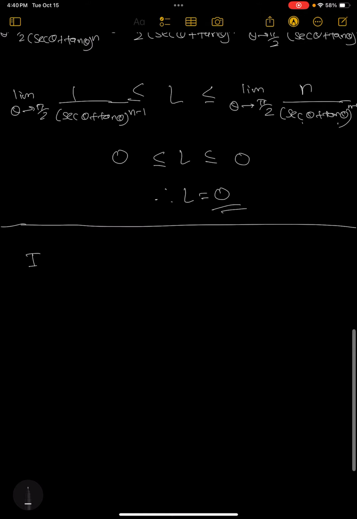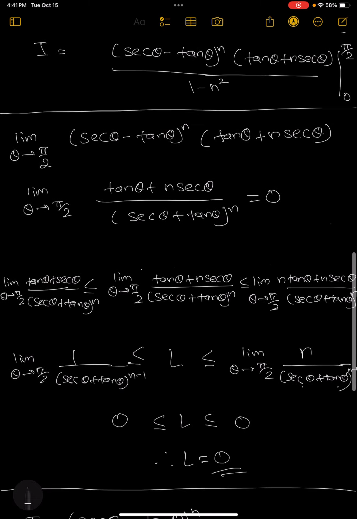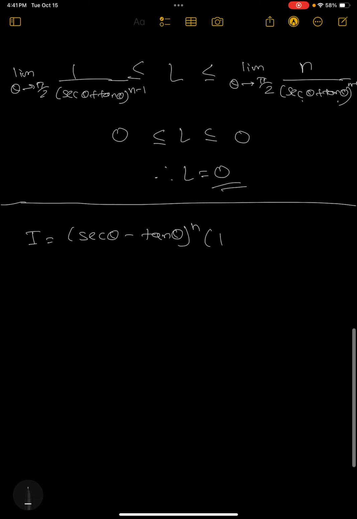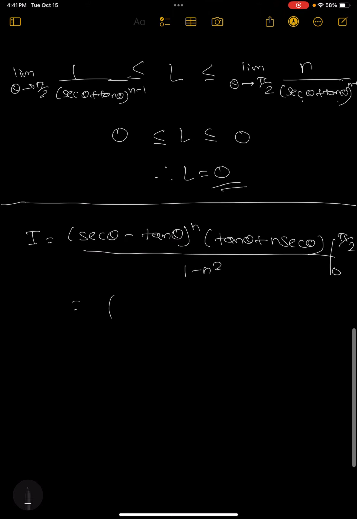I is equal to (sec theta minus tan theta) to the power n by (tan theta plus n sec theta) divided by 1 minus n square, from 0 to pi by 2. We just found out that at pi by 2 it's 0, minus, now at 0: sec 0 is just 1, minus tan 0 which is 0, to the power n.